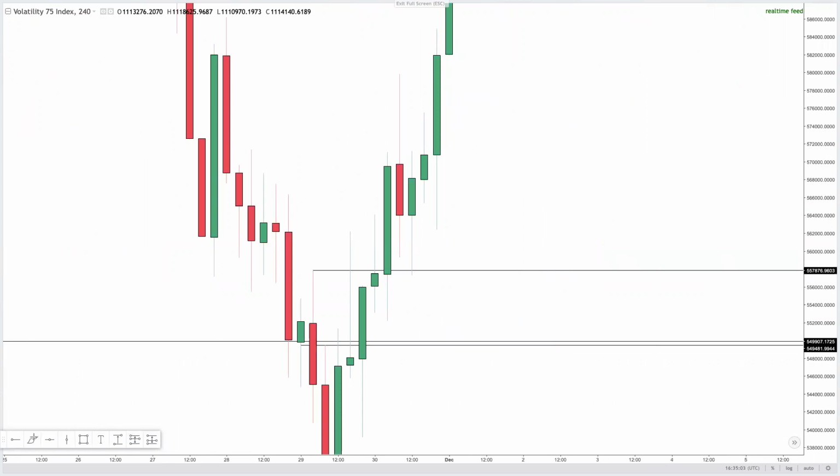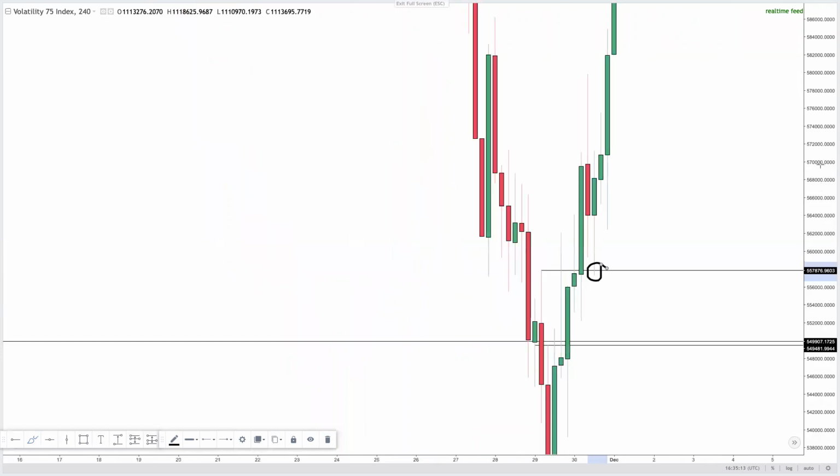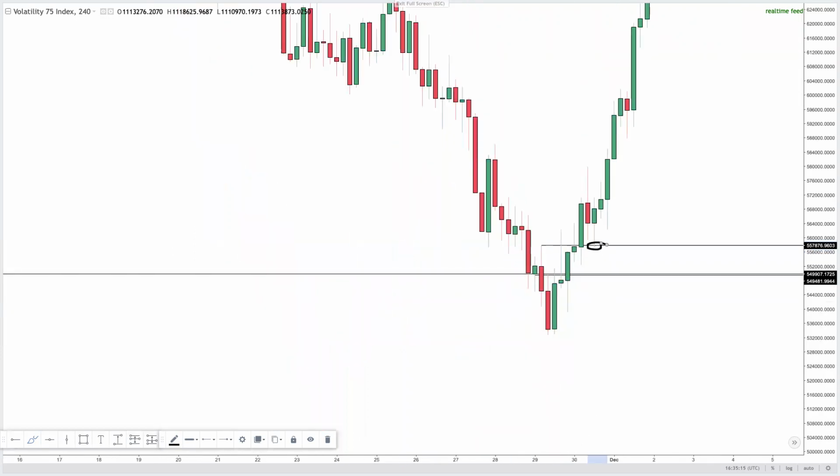So this was our entry right here. This was our entry. We can say it was our re-entry.